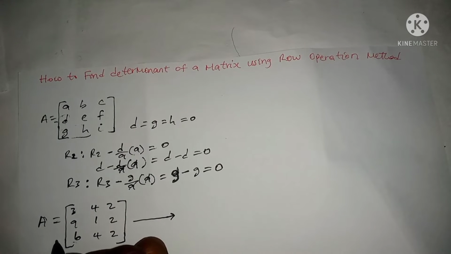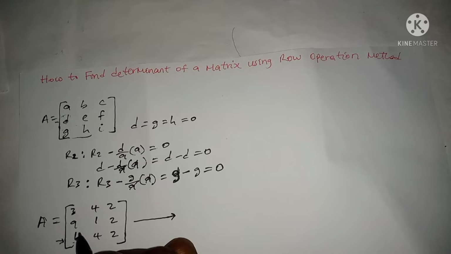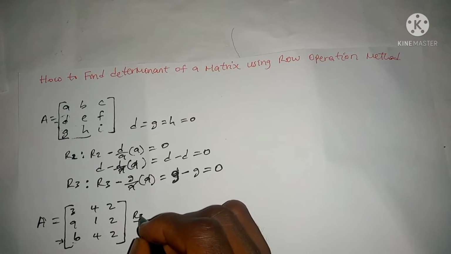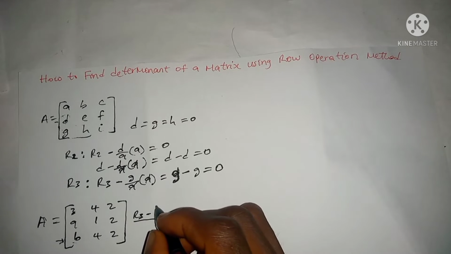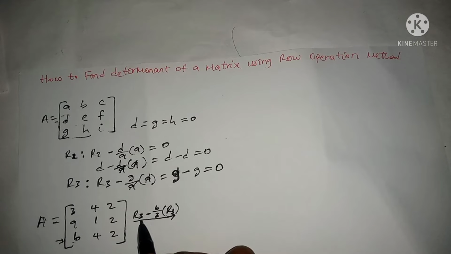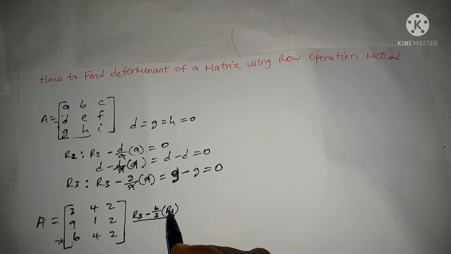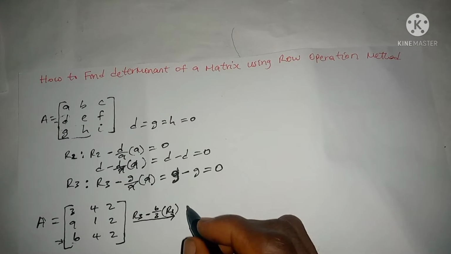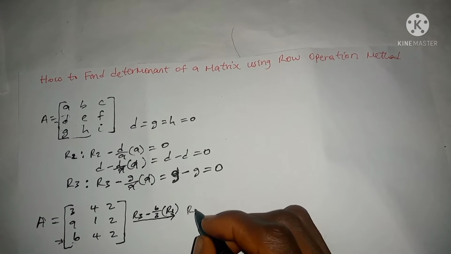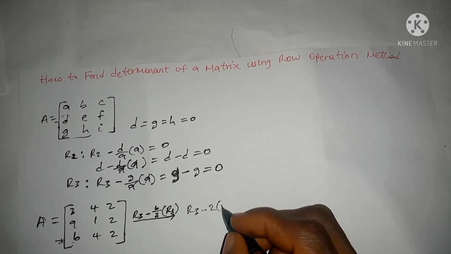Let's start with this row 3. In order for us to make this 6 now to be 0, we are going to say R3 minus 6 over 3 R1. That's row 3 minus 6 over 3 times row 1. Now remember, 6 over 3 is the same thing as 2. So let me just write it: R3 minus 2 times R1.